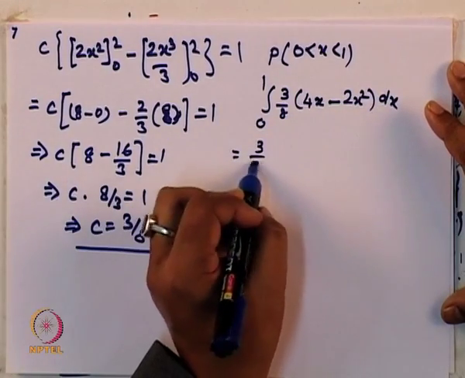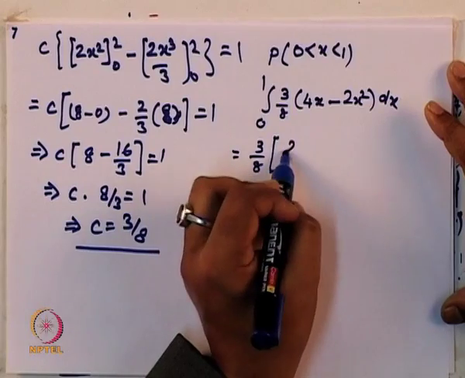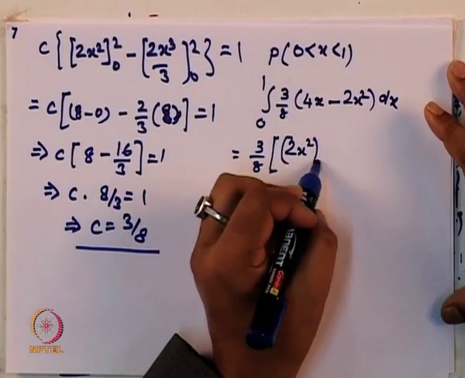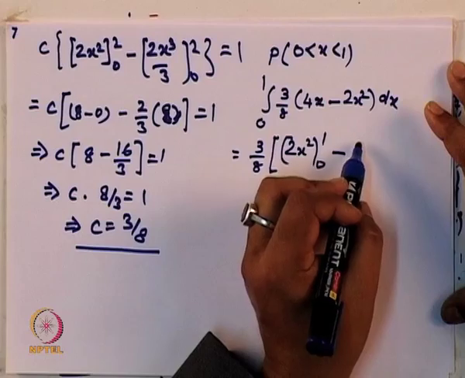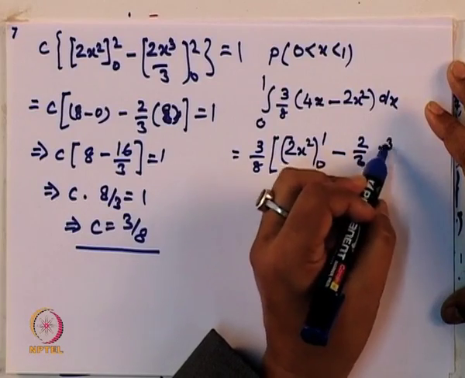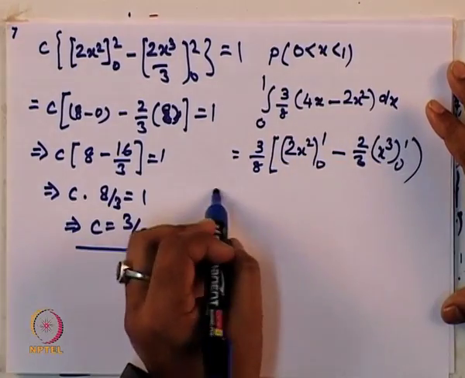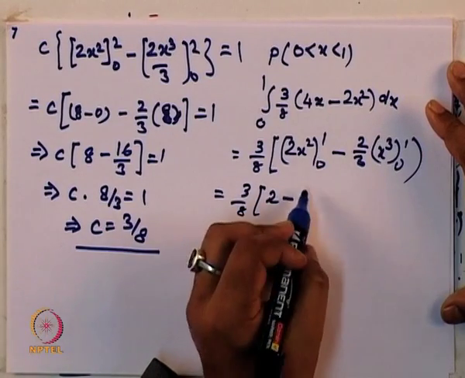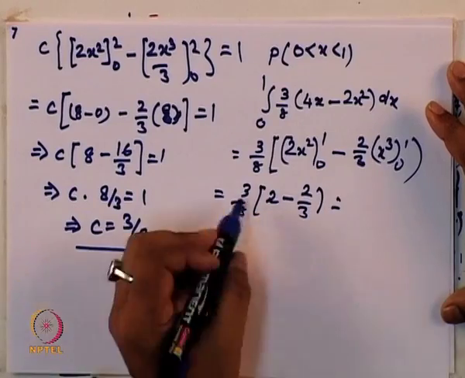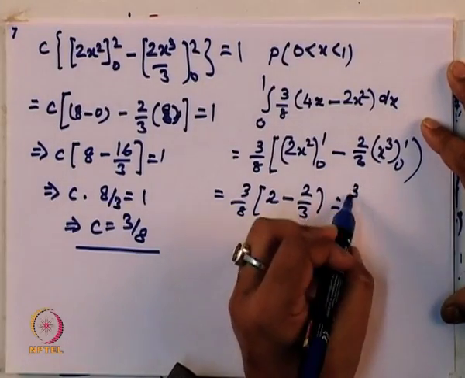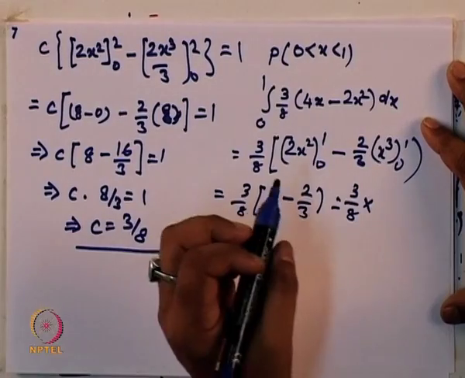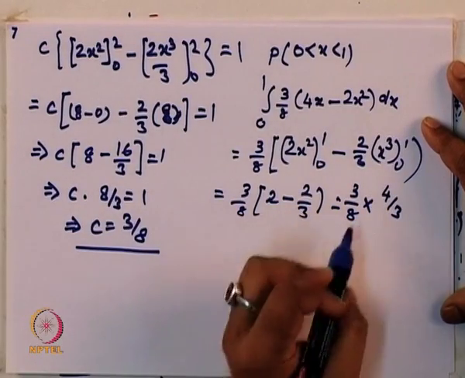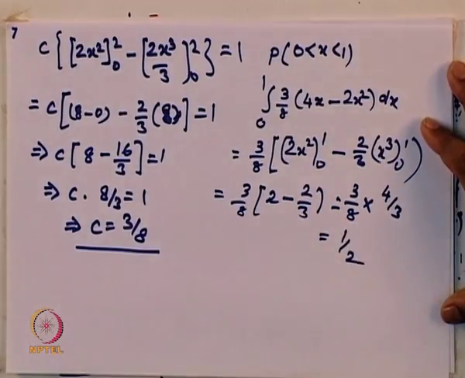This will give me 2x square, 1 minus... equal to 3 by 8 into 2 minus 2/3, 6 minus 2, 4 by 3, equal to 3 by 8 into 4 by 3, equal to half.